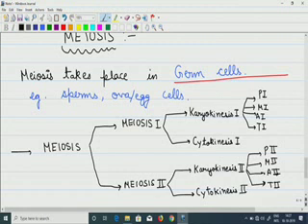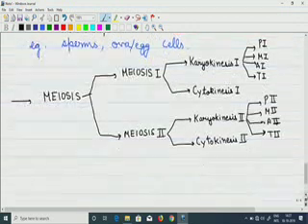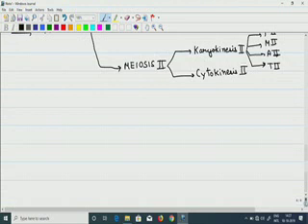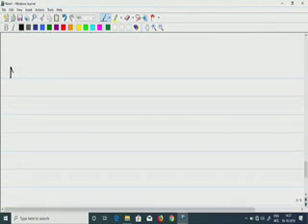All right. So, now let us study these two meiosis, or we should study meiosis 1 first of all. So, please put the heading meiosis 1.